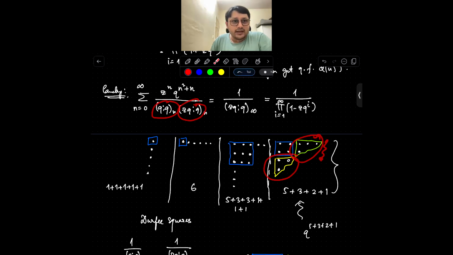And we know that the side length of the Durfee square is n. So there will be a z to the n factor here. This is q raised to the n square. And q raised to the n is just saying that we have a partition which is covering all the dots in the first column. So basically this is the explanation.